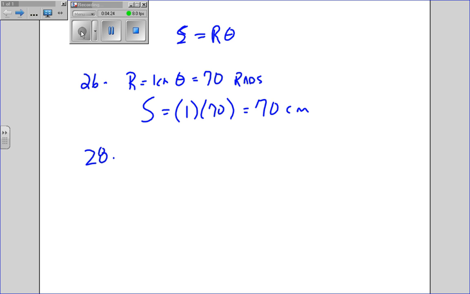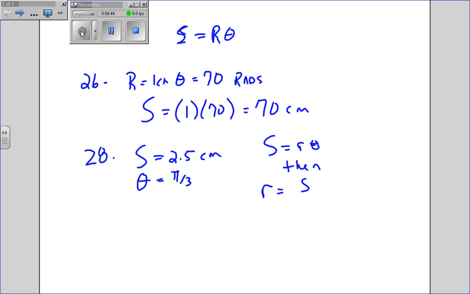If they give us a variation of that, so 28, they tell us S is 2.5, and then they tell us that theta is pi over 3. So we're supposed to work that backwards and say, okay, if S equals R theta, then R equals S over theta.